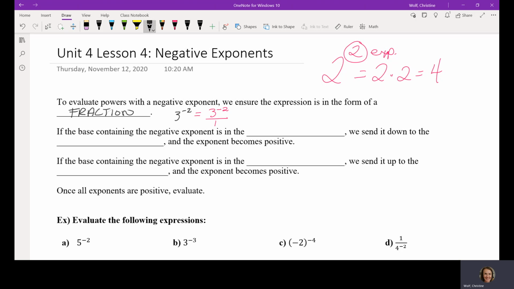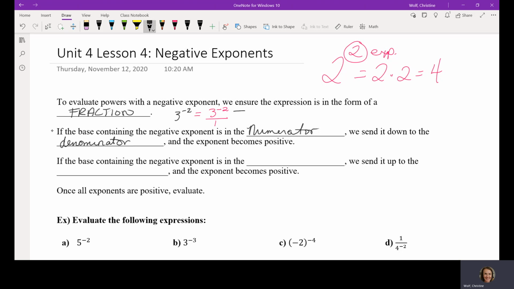If the base containing the negative exponent is in the numerator, so remember a fraction has 2 parts, the numerator is the upper part, then we send it down to the denominator, and the exponent becomes positive.